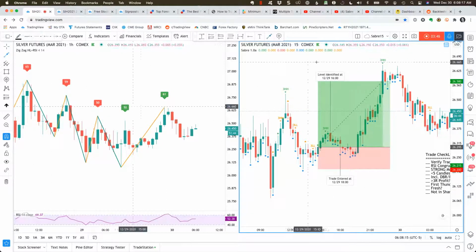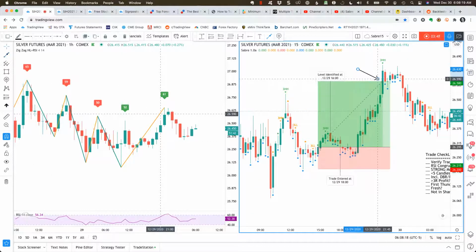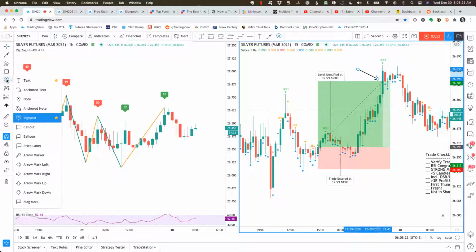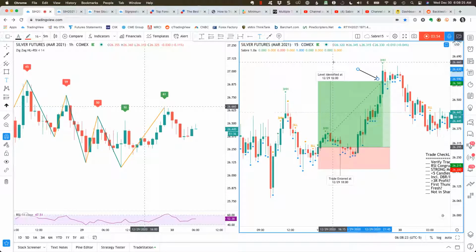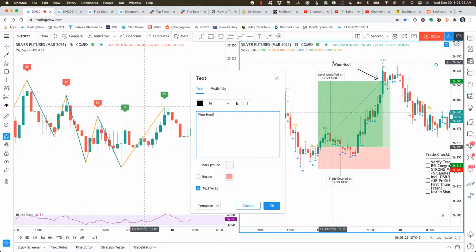And then at the end, sure, I can go ahead and make a text box and say, woohoo, followed by trade like a pirate rules, and made 3R.